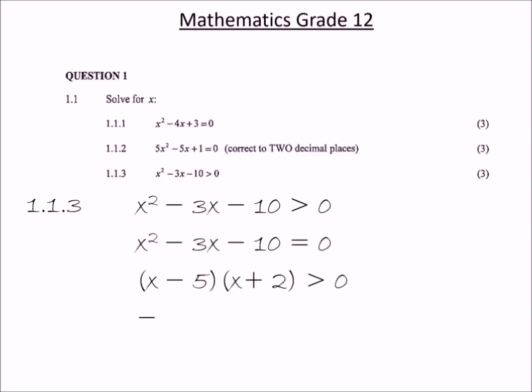Let's check intervals in between critical points. Test values in the intervals to see if they work. The interval minus 2 to positive 5 doesn't work in the original inequality, but values work for the interval x less than minus 2 or x greater than 5. Therefore, x is less than minus 2 or greater than 5.